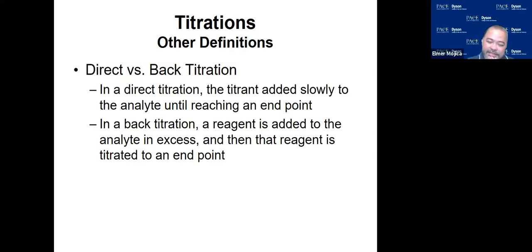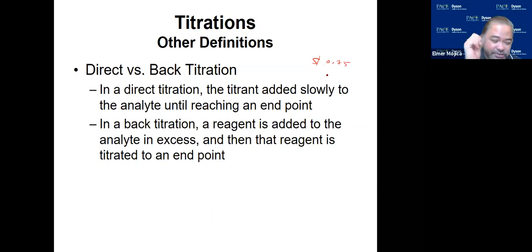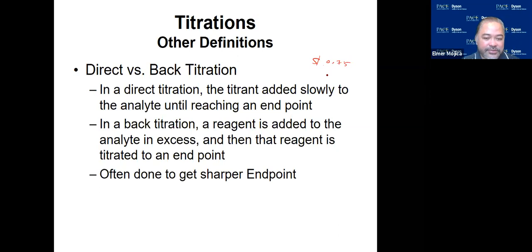So we could just say, in the direct titration, you keep adding coins until you reach the amount that you need to purchase, for example 75 cents. In the back titration, you put in $1 and then you get back the 25 cents. So I think that's the best way to express these two.